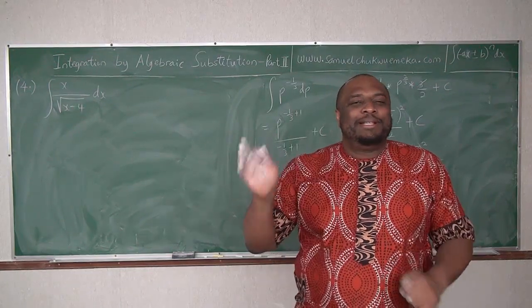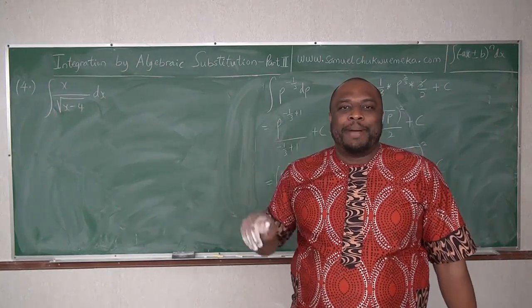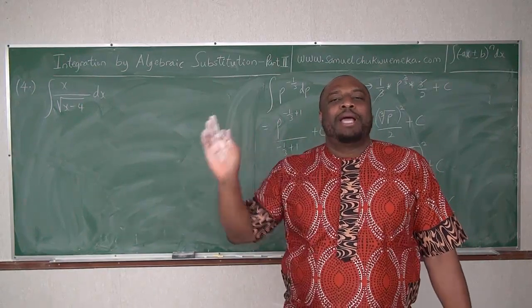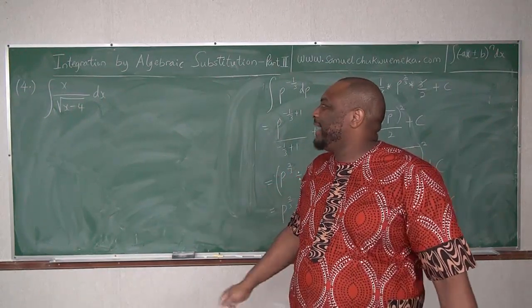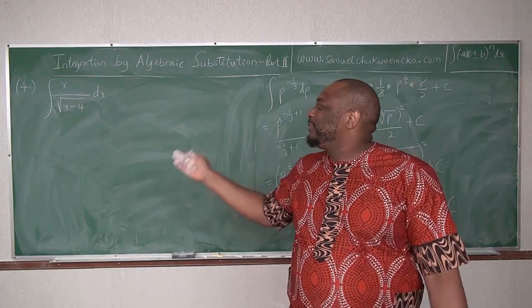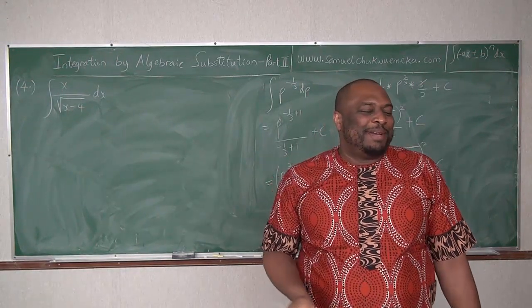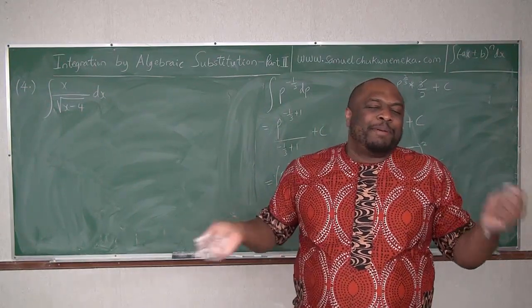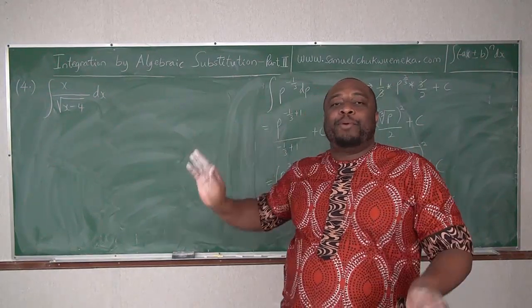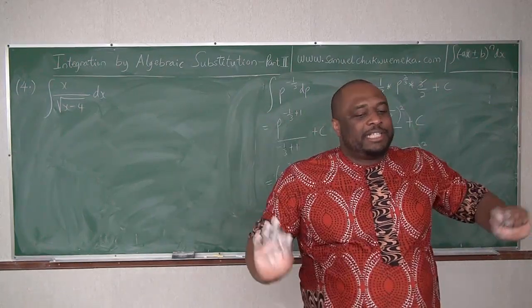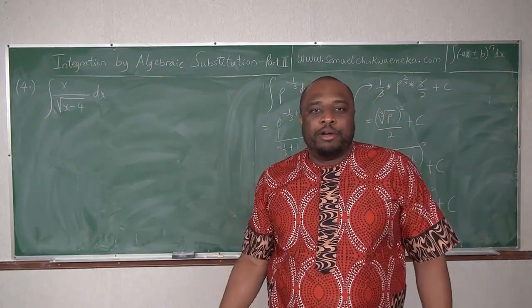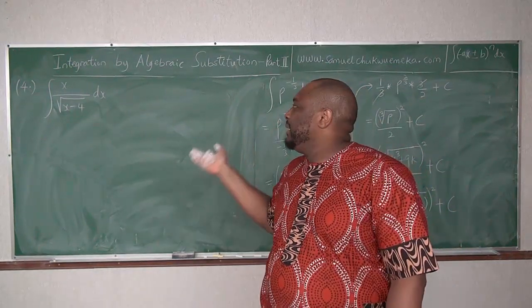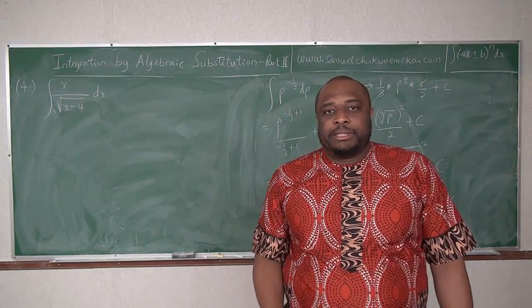I might go with integration by parts or integration of products right away. Some people will say, let me try this right away because they saw x. But that's x times 1 over square root of x minus 4, which is also a hindrance. If they don't specify to solve this by algebraic substitution, some people will just do this by integration of products.